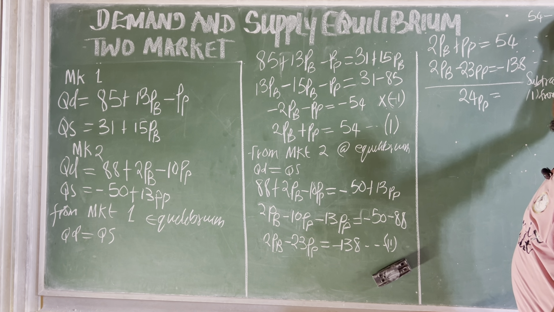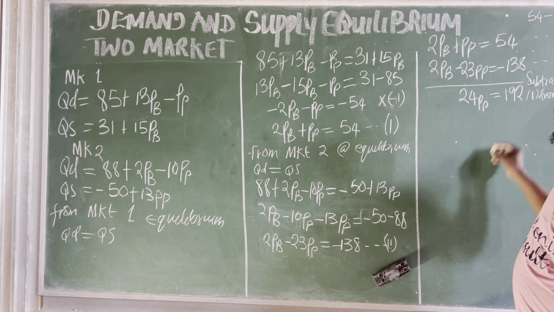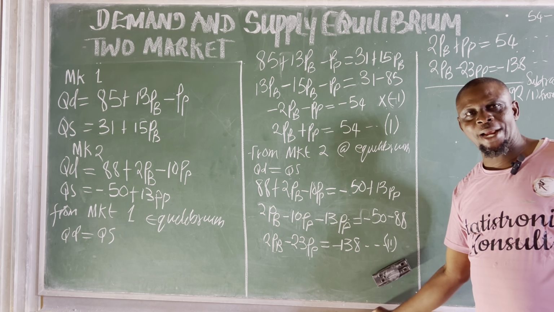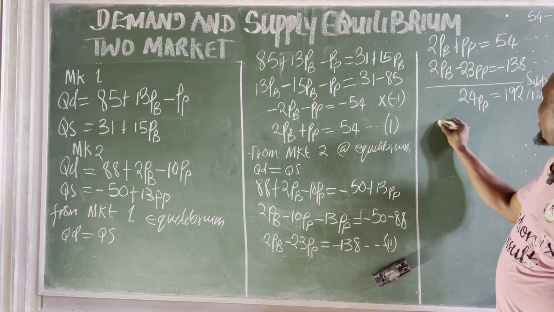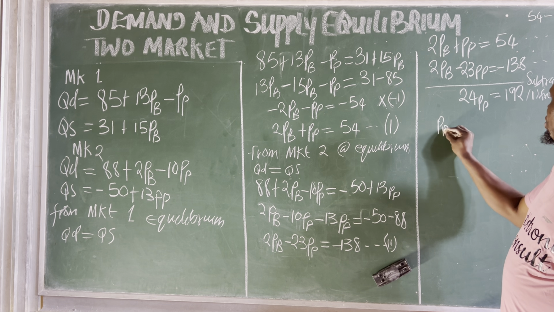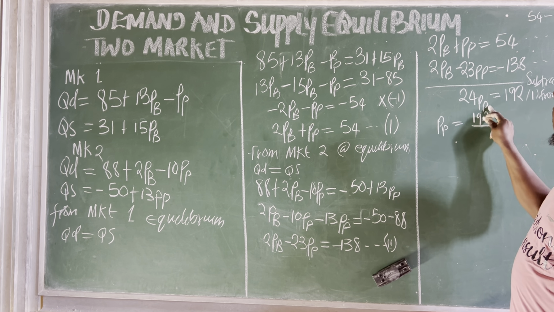And that will give us what? 192. So if that is equal to 192, then our PP will be equal to 192 divided by the coefficient of PP, which is 24. And that will be equal to what? 8. So the equilibrium price of pork is equal to 8.